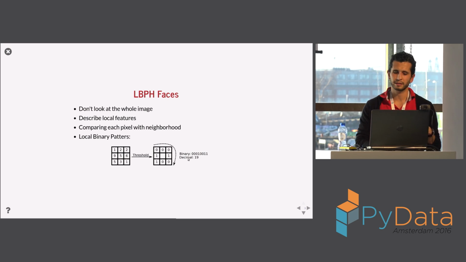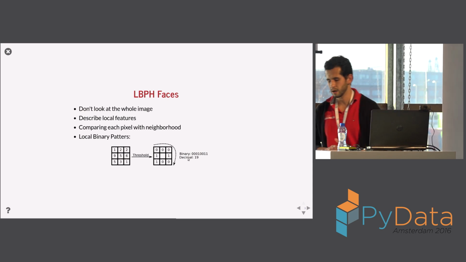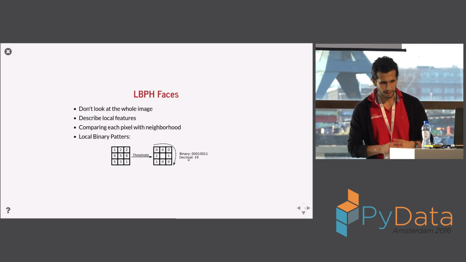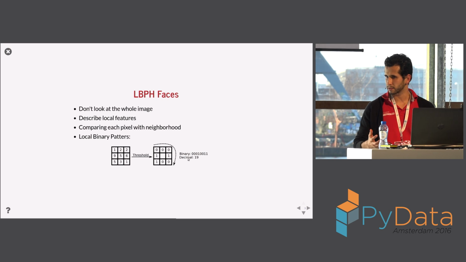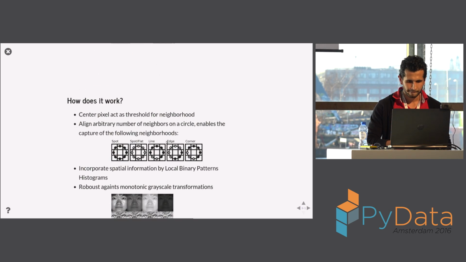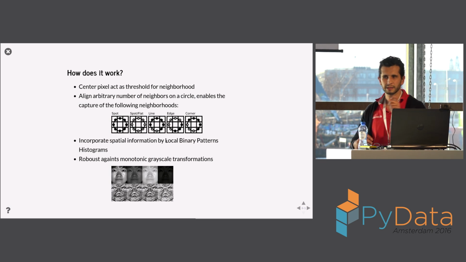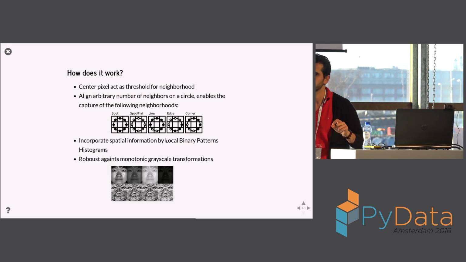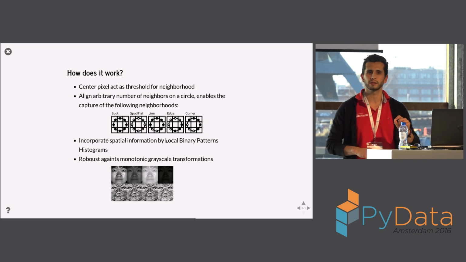And then instead of keeping the pixel value, you assign that decimal that corresponds to that binary number. By doing that, you can identify certain patterns on the image that were not recognized before by the other ones.